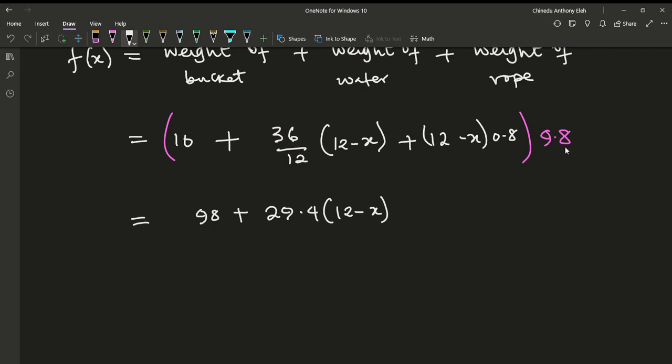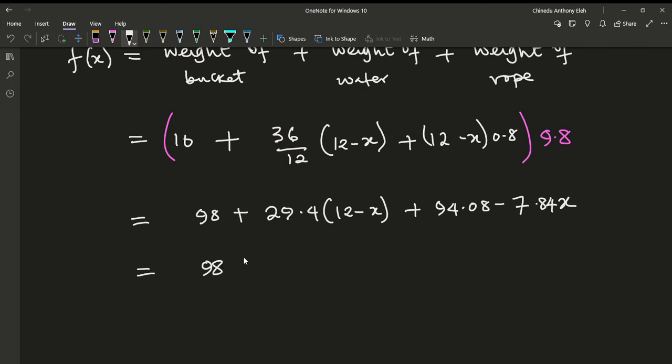Then 0.8 times 12 times 9.8 is 94.08, and then 0.8 times 9.8 is 7.84x.